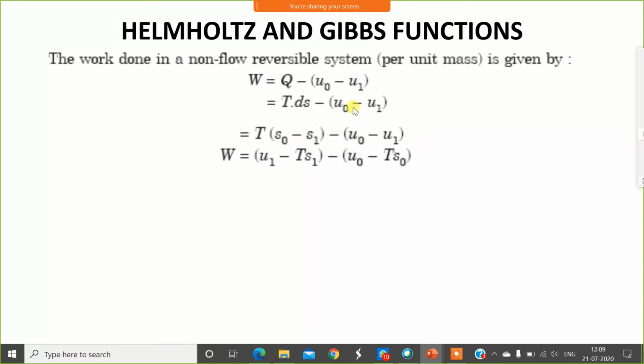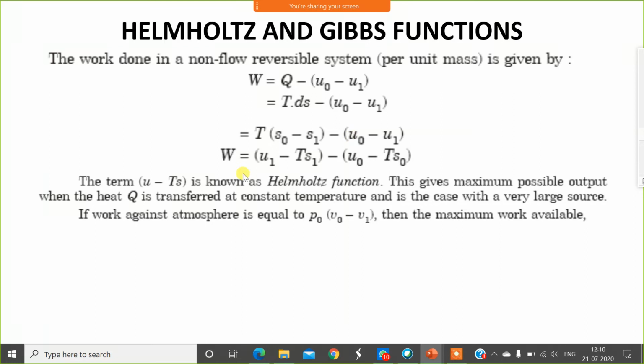We are expanding it and now writing in terms of U1 minus TS1 minus U0 minus TS0. We are just rearranging it. Now U1 minus T0S1, or U minus TS, represents the Helmholtz function. U minus TS is a Helmholtz function.